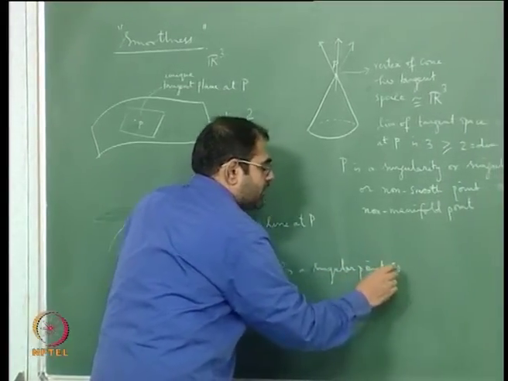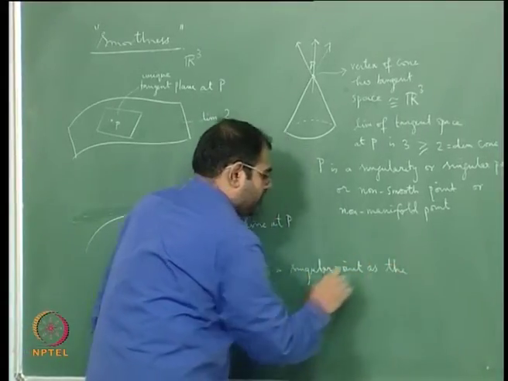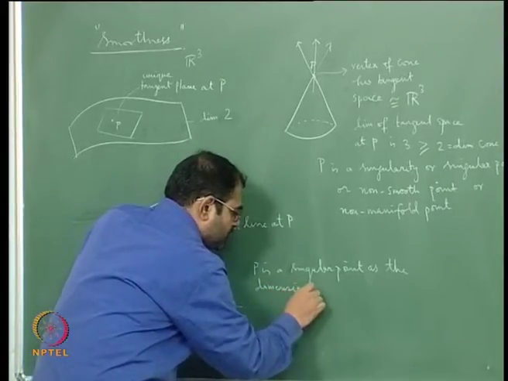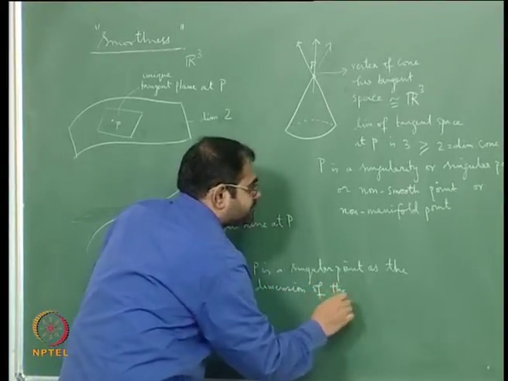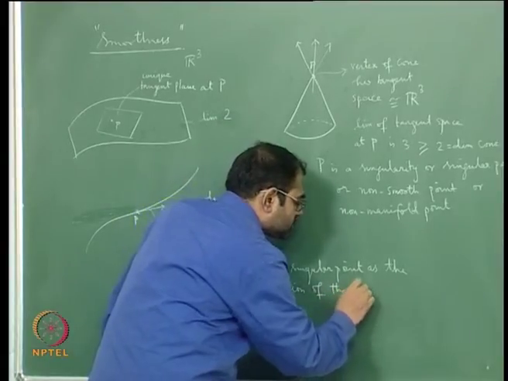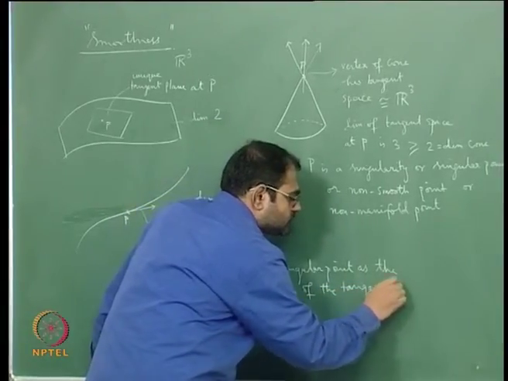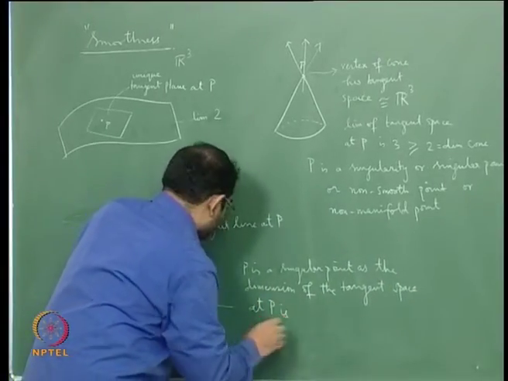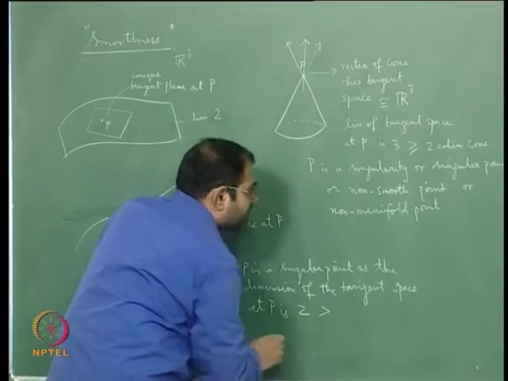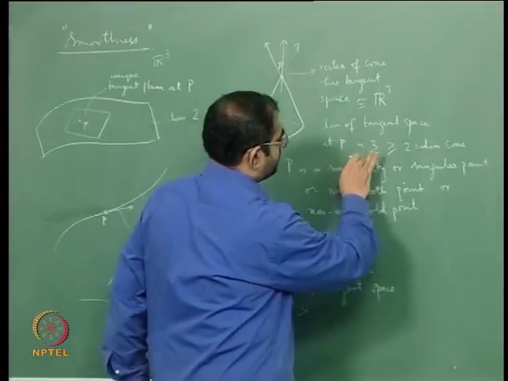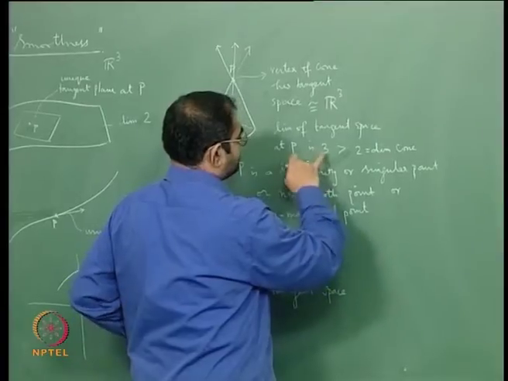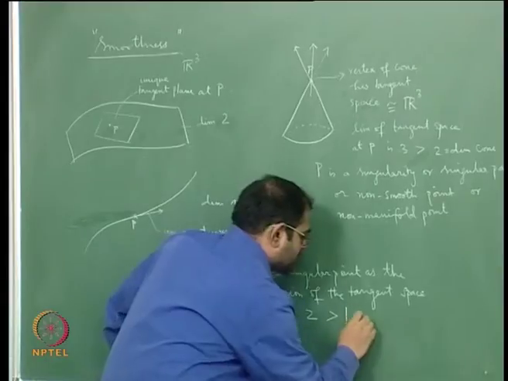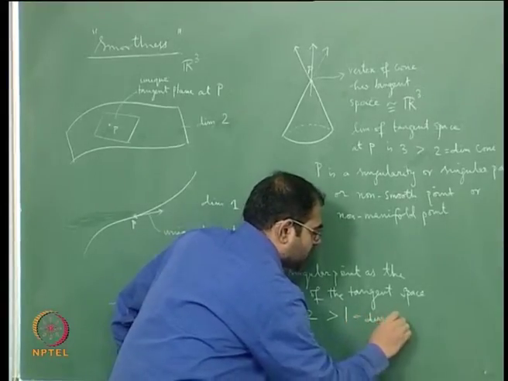So here again P is a singular point, as the dimension of the tangent space at the point P is 2, which is strictly greater than, so here also I should not put greater than or equal to, in fact I should put strictly greater than, 3 is strictly greater than 2, and here it is 2 is strictly greater than 1, which is the dimension of the curve.